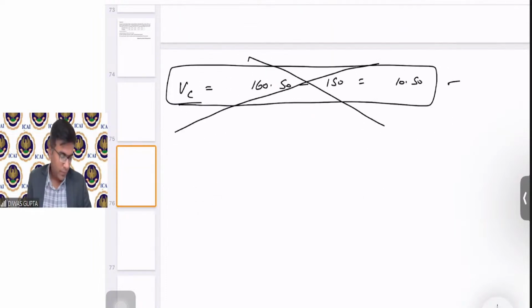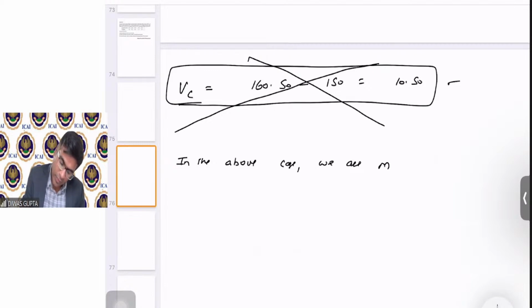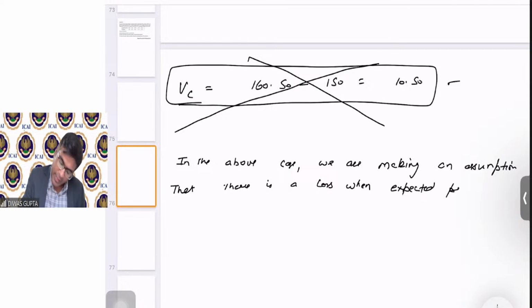Reason being, in the above case, we are making an assumption that there is a loss when expected price is lower than strike price.